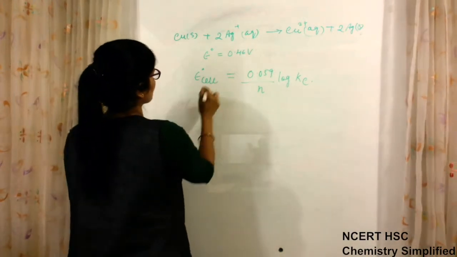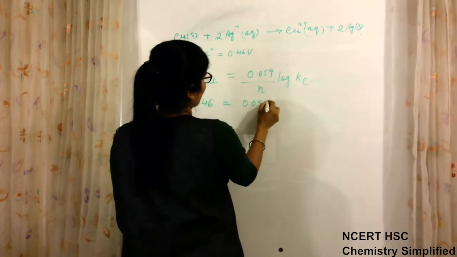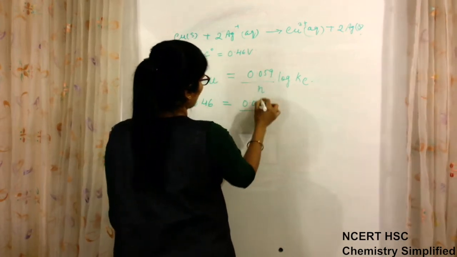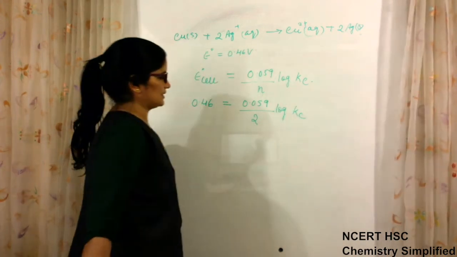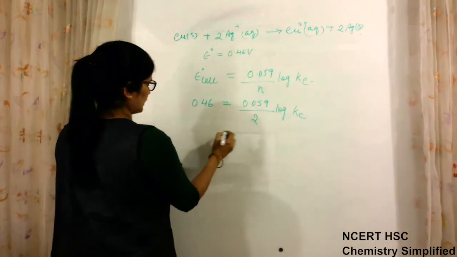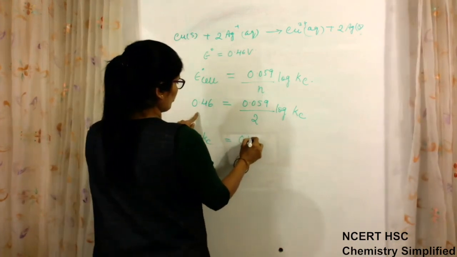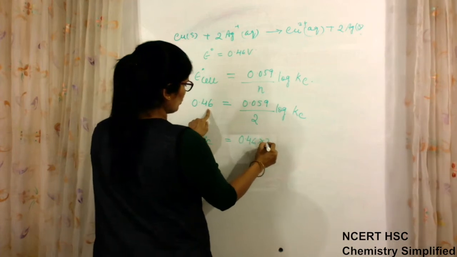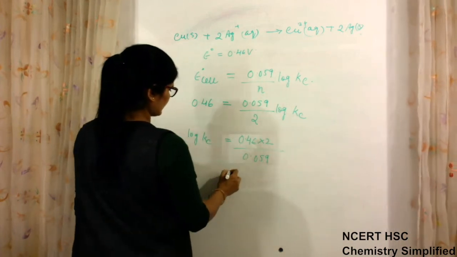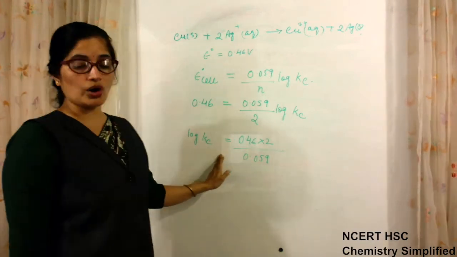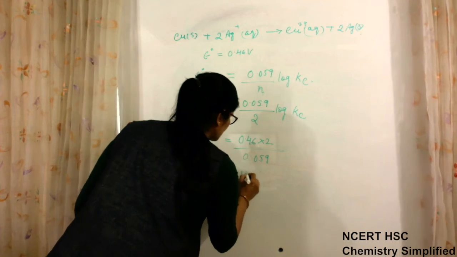E standard cell is given 0.46, 0.059 is already known, n is 2, and log of Kc we have to find. So log of Kc is equal to 0.46 multiplied by 2 upon 0.059. This value is coming 15.6.